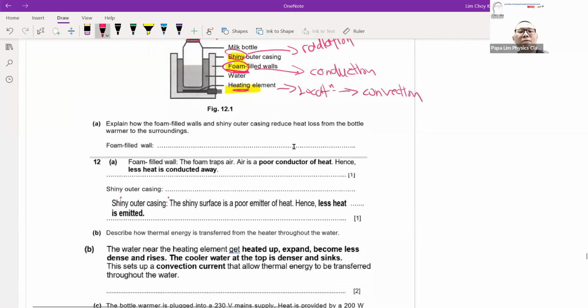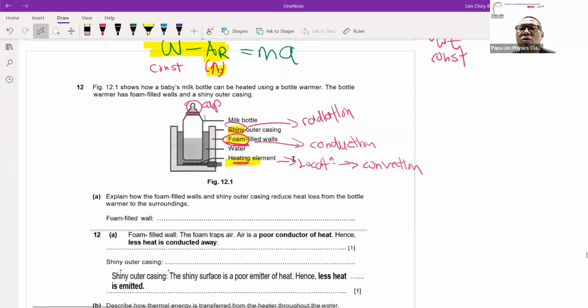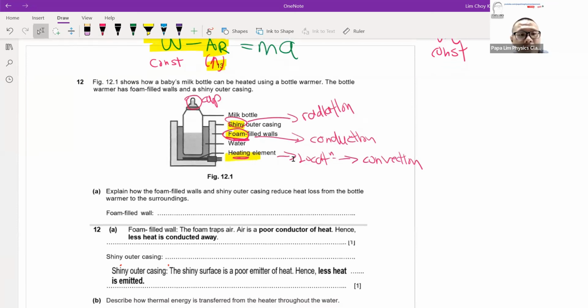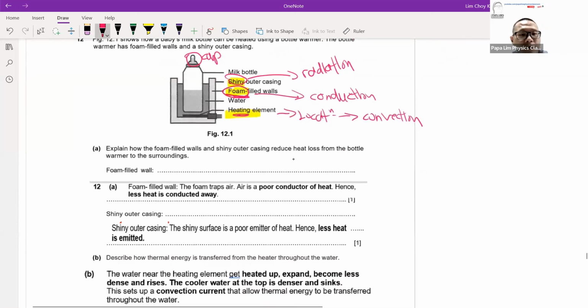This is how I deduce what type of heat loss the question is trying to hint at. The labeling tells us what type of heat loss is experienced by the object. For example, foam is conduction because foam means air. There's presence of air, and you have to tell the marker that air is a poor conductor and conducts heat away at a slower rate.